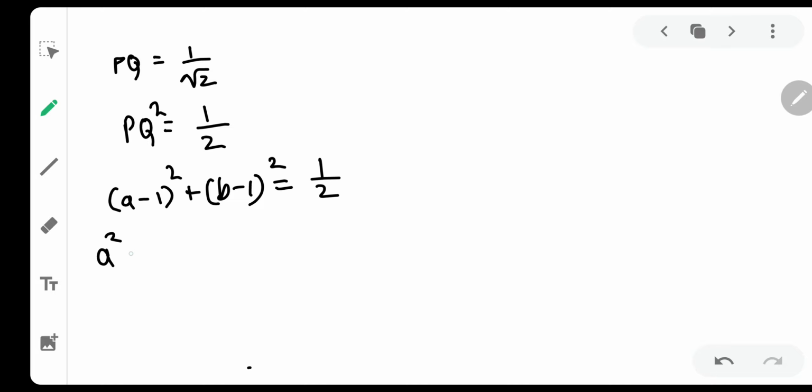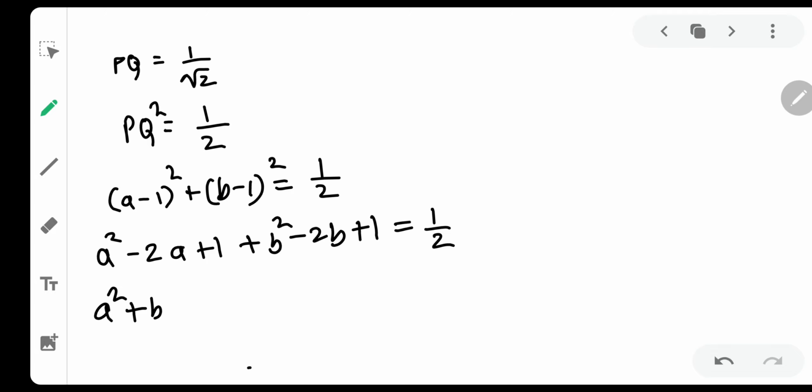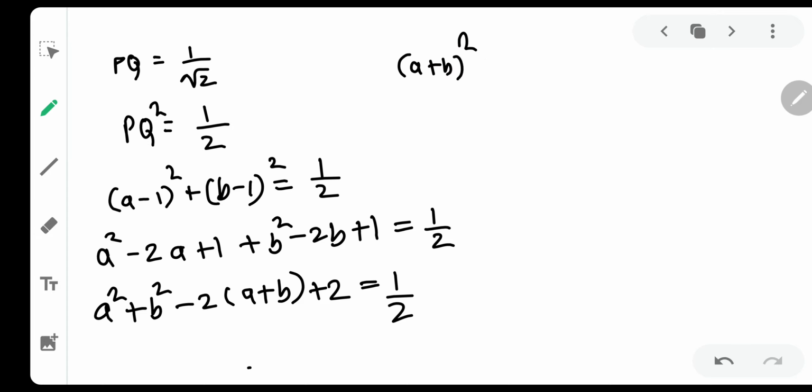Let us expand this. A^2 - 2A + 1 + B^2 - 2B + 1 is equal to half. So this will be A^2 + B^2 - 2 common, (A + B) + 1 + 1 and half. So A^2 + B^2 can be written as (A + B)^2 - 2AB, minus 2(A + B) + 2 equal to half.